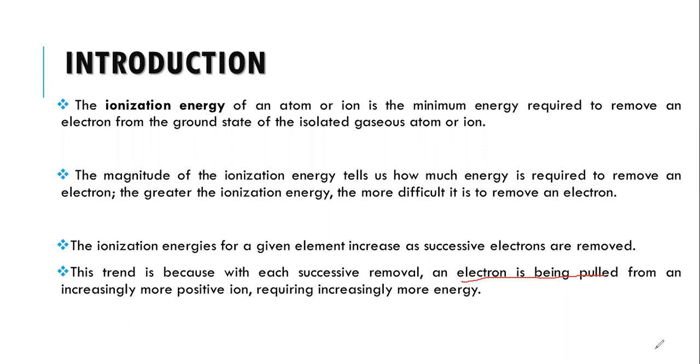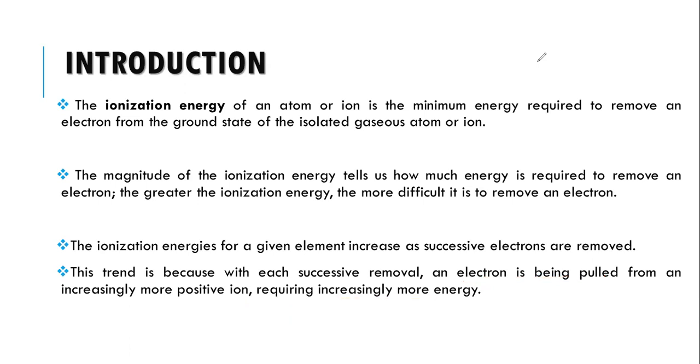If you lose one electron, it will form a positive ion. Once you pull one electron, you have a positive ion, and the charge increases, therefore the energy you need to provide also increases. This is what the statement is telling us.